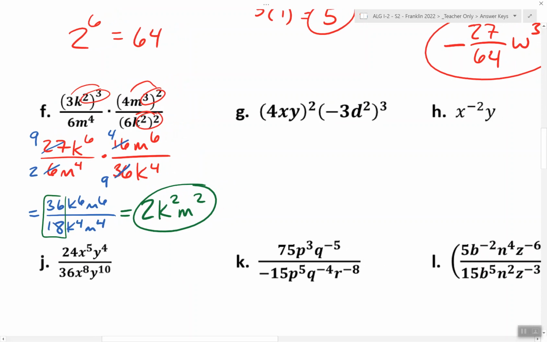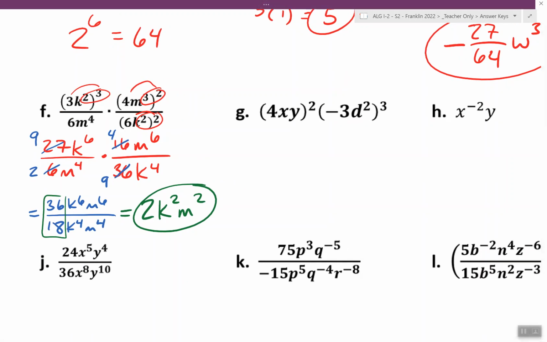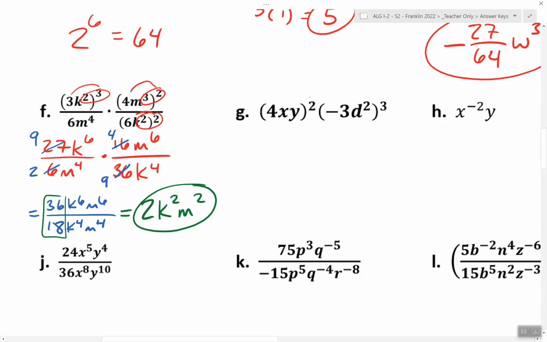Okay, example G. We've got 4xy all squared times negative 3d squared all to the third. So let's take care of the exponents first, right? 4 squared is 16, and then x squared y squared. Negative 3 to the third power is going to be negative 27, and then 2 times 3 here is 6.